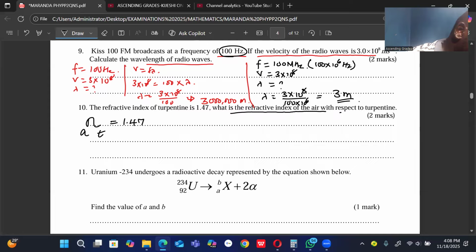Then the question is asking us the refractive index of air with respect to turpentine. This will be the inverse of this, which becomes 1 over 1.47, leading us to 0.68.